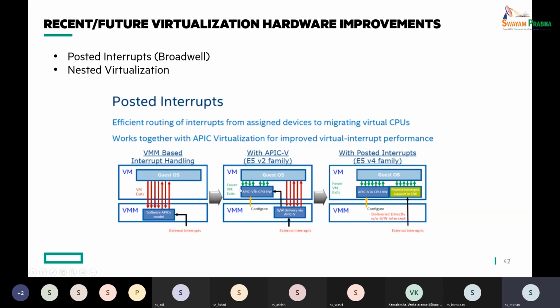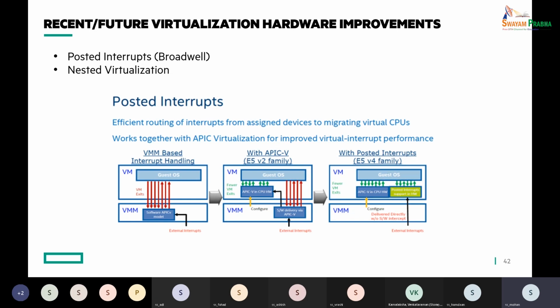With APICv, a lot of this was streamlined and handled in hardware, where the VMM would still receive the interrupt, but it could pass it to the APICv, and the APICv would do the handling. The challenge with the first approach compared to the second is that in the first case, the VMM has to know exactly when the guest OS can receive an interrupt.